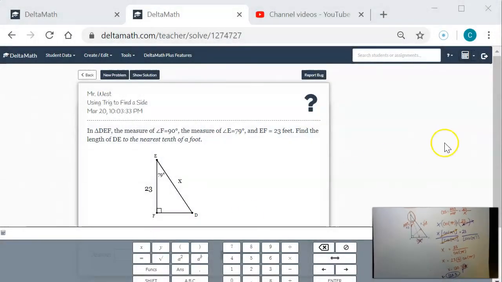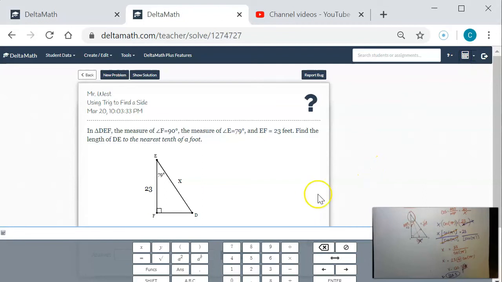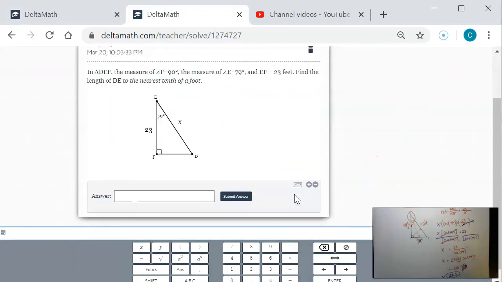Let's go over to DeltaMath, and let's see how to solve with the DeltaMath calculator. Same problem, haven't changed anything. I'm going to go way to the top right and click on calculator, and my calculator pops up on the bottom. The interesting thing about DeltaMath is it has what you're typing in over here, and then way over here it'll give you the answer.